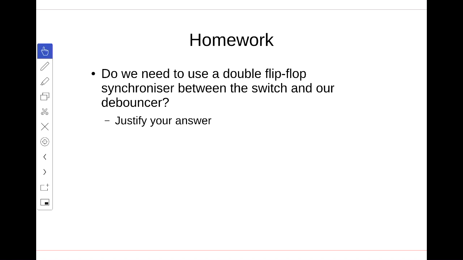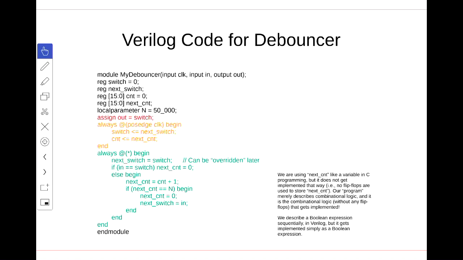I think I've combined two lectures into one. So your homework is to answer this question. Given the code I gave you just before, I want you to think about what would happen if I connected my input pin directly to a push button without going through a double flip-flop synchronizer.